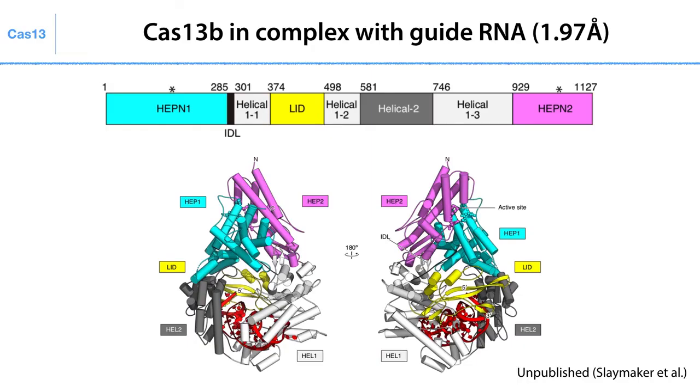So now we know how it looks, and we can go in and start to tweak many of these different positions on this molecule to make it more specific so that we can edit RNA in a precise way, and also make it even more efficient.